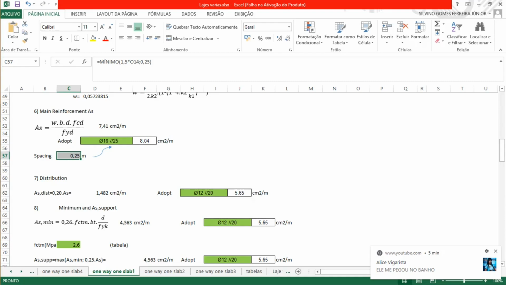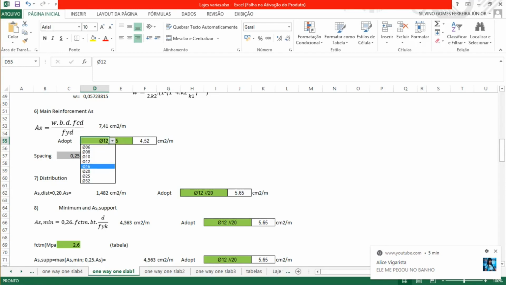And for spacing, you can have this equation, the minimum value between these two values, the 25 cm and 1.5 of the total depth. Which of them is smaller is this one that I use, and here is giving 25, so I use the spacing of 25. And to get this steel, I can't use the 12 because it's giving 4.52, that is less than the minimum reinforcement required.